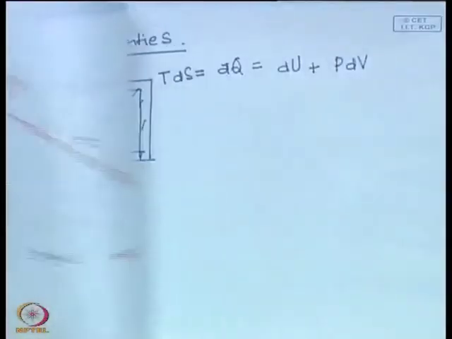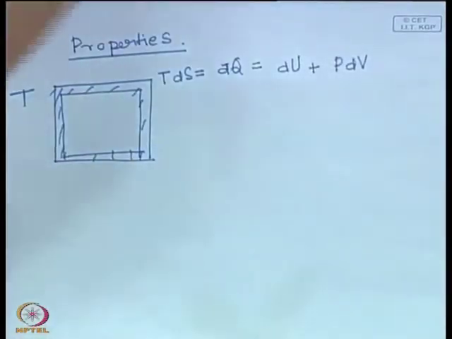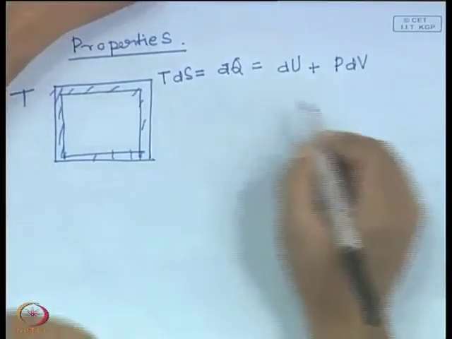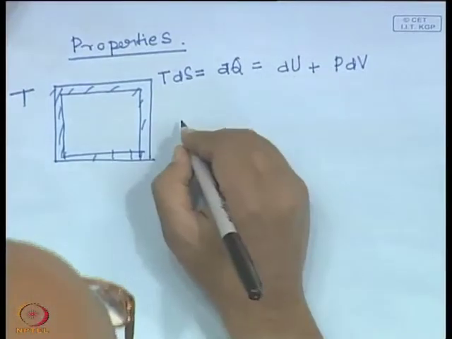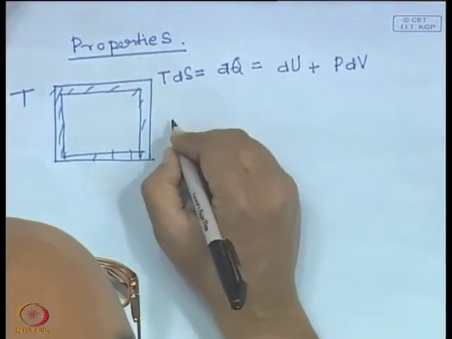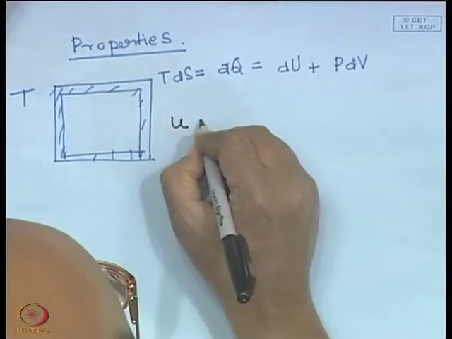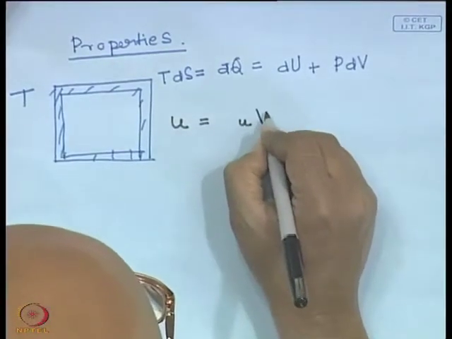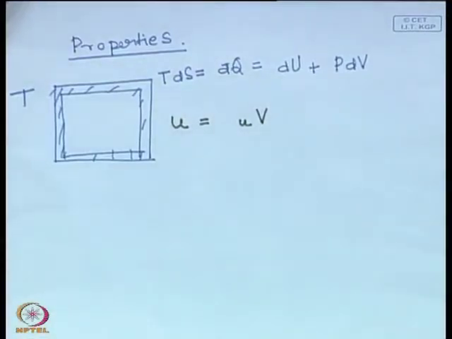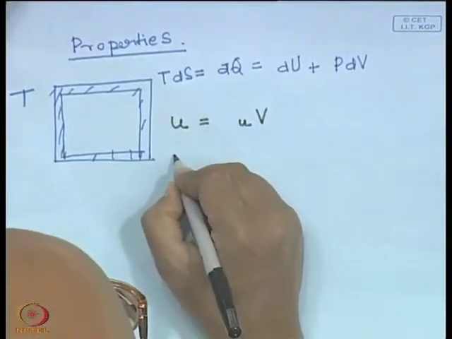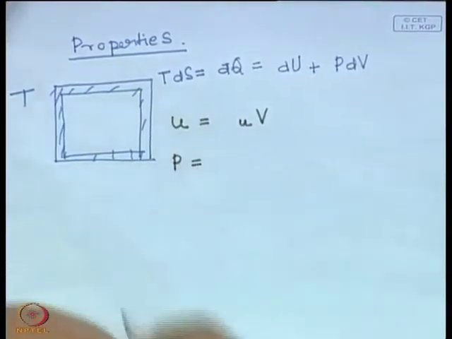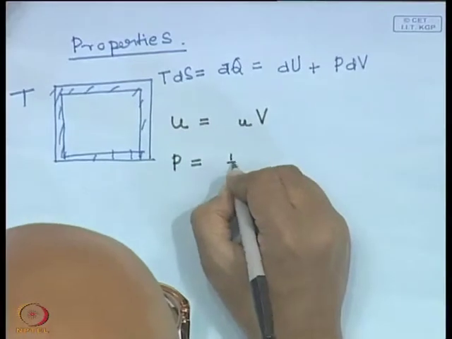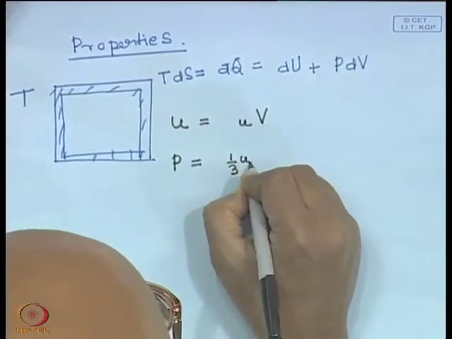Okay. So, the total internal energy of the system, we can write as the internal energy density u into the volume V of the system, and the pressure we can write as 1/3 the internal energy density.